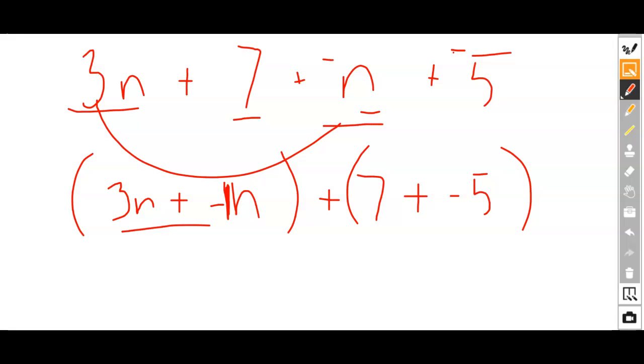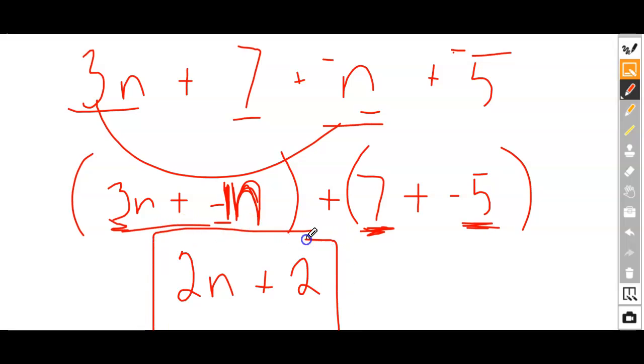If there's nothing in front of it, then there's an understood 1. So negative 1 and 3. 3 plus negative 1 is 2. So that's 2n. 7 plus negative 5 is 2. There's 2 more positives than negatives. So this is my answer right there. I'm done. I cannot put those two together. All right?